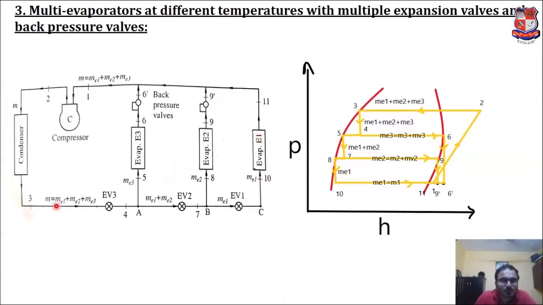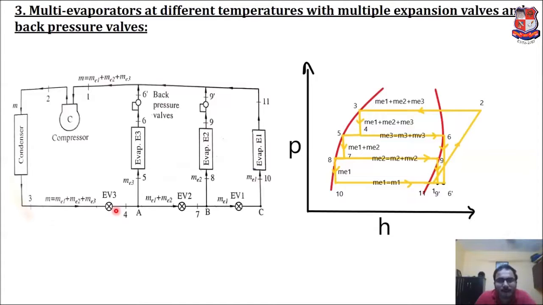Now from 3 to 4 is the expansion process which is happening. So 3 to 4 is this expansion process, and then from 4 we are having division of mass.